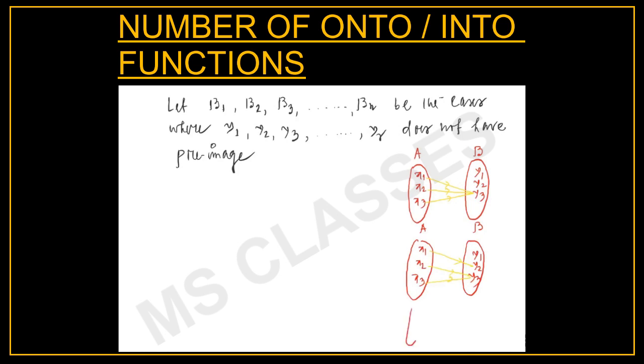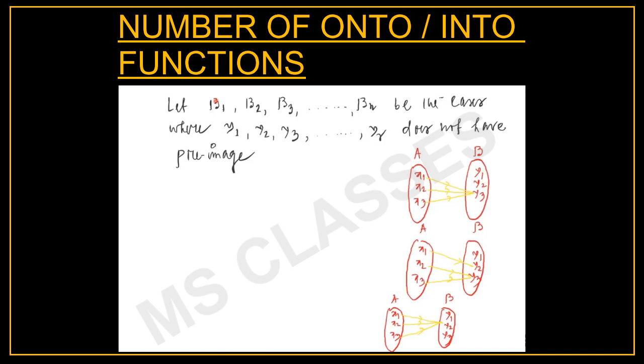Like this, another case I take: set A, set B, x1, x2, x3, y1, y2, y3. If all the elements are mapped to y2, that can also happen. So there are various ways where it can happen that y1 doesn't have any pre-image.